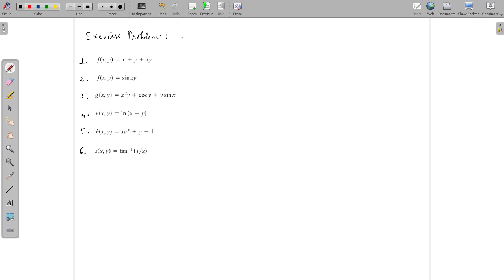Now we have some exercise problems. Consider these problems as your practice problems. Find all second order partial derivatives of the following functions.